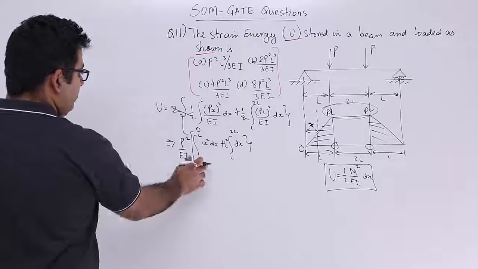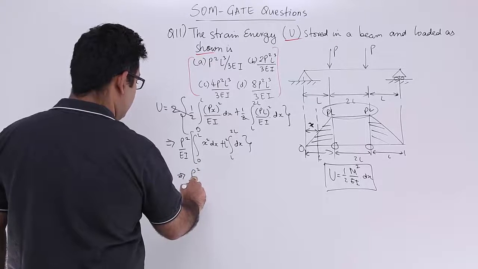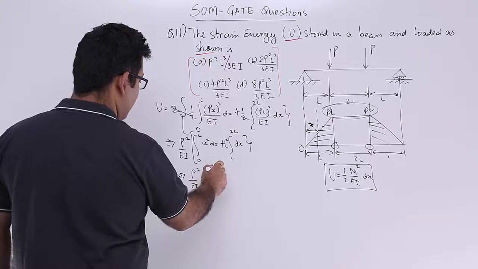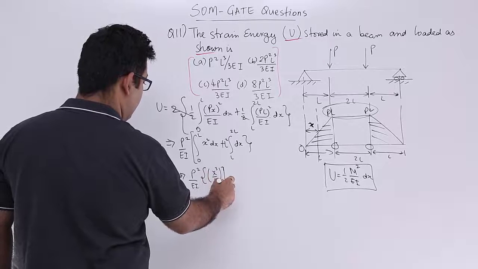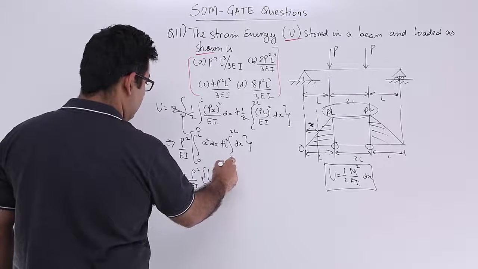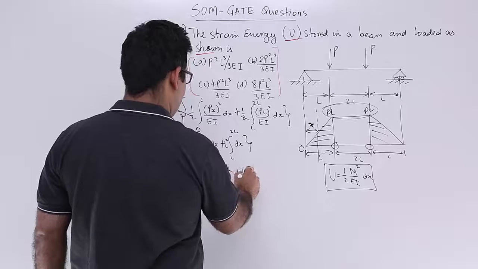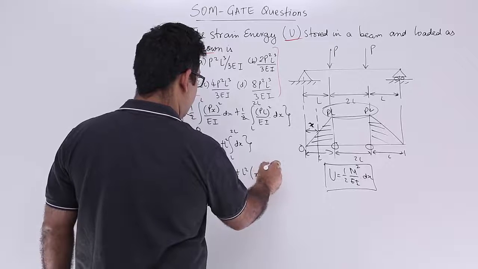Now when you solve this part, you get P square upon EI into x cube by 3 from 0 to L, plus L square into x from L to 2L.